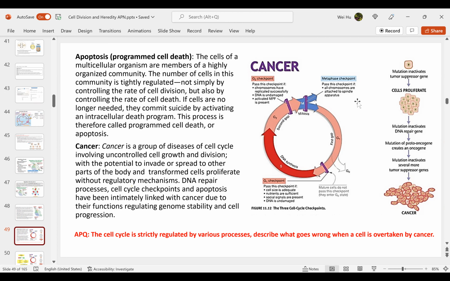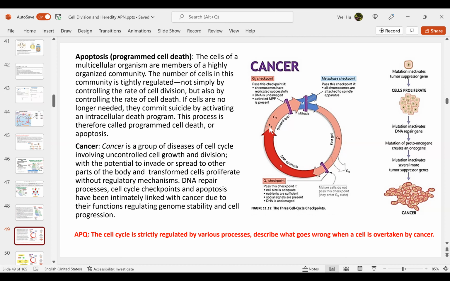Our body needs to grow, but we also need to kill some useless or bad cells. This is called apoptosis, also called programmed cell death. You may wonder when I need that: during cell division.